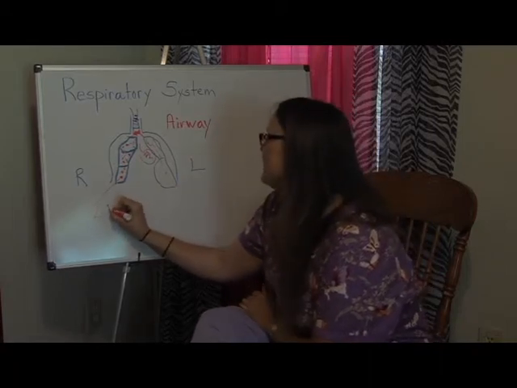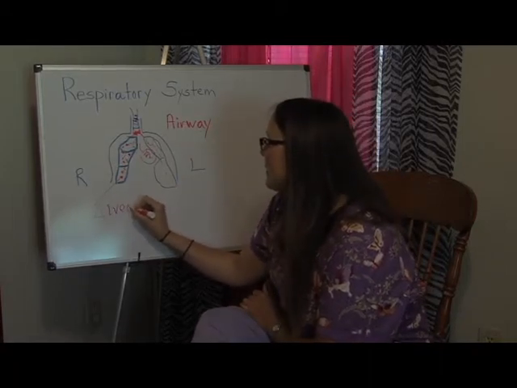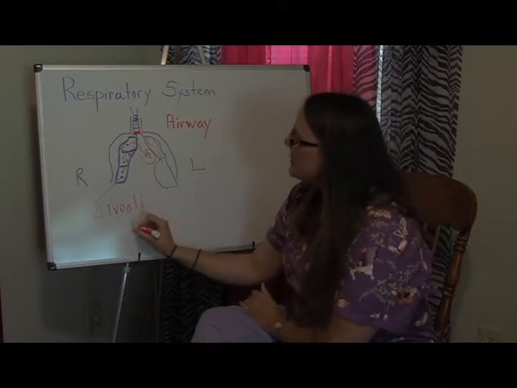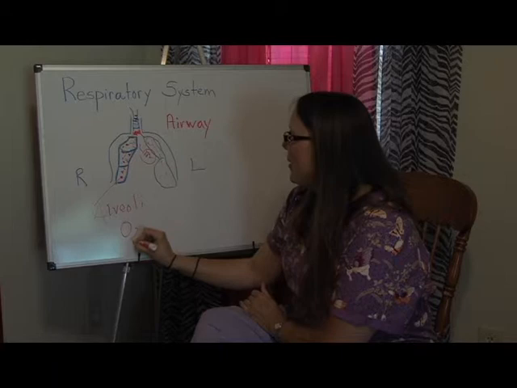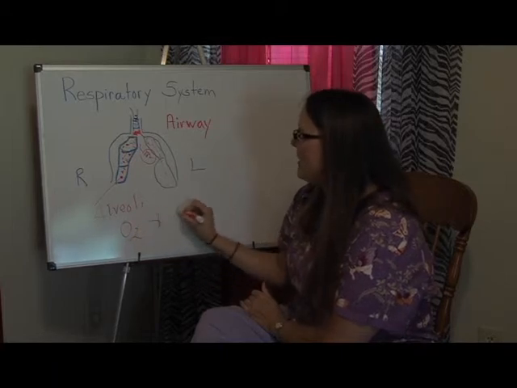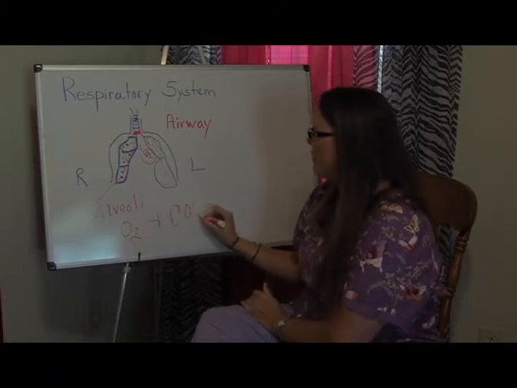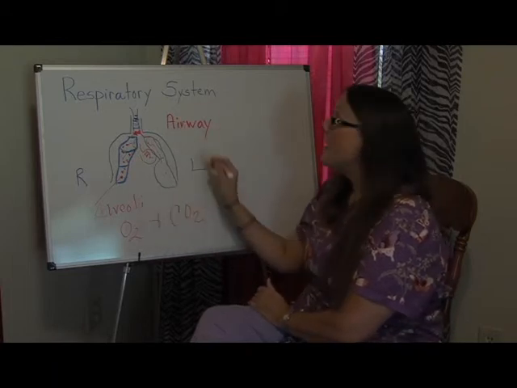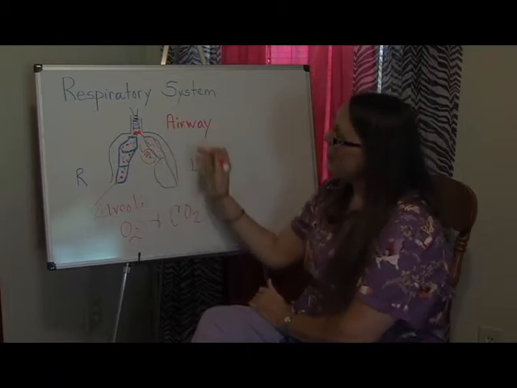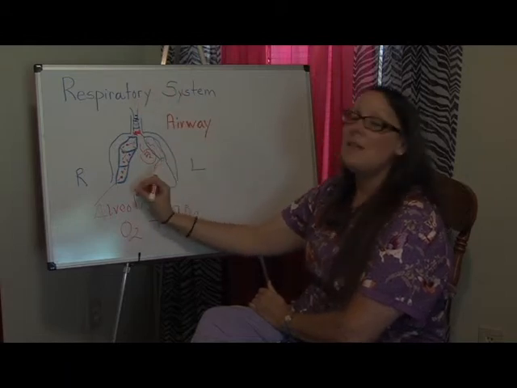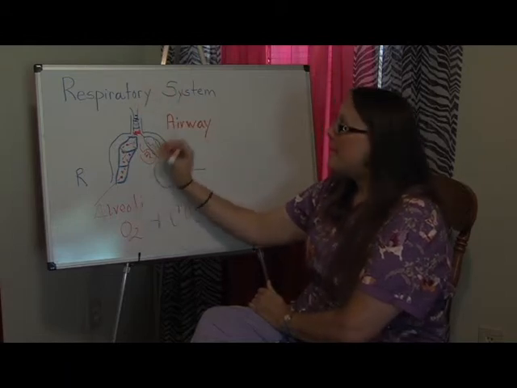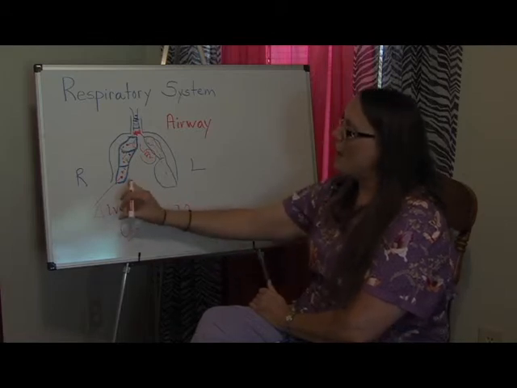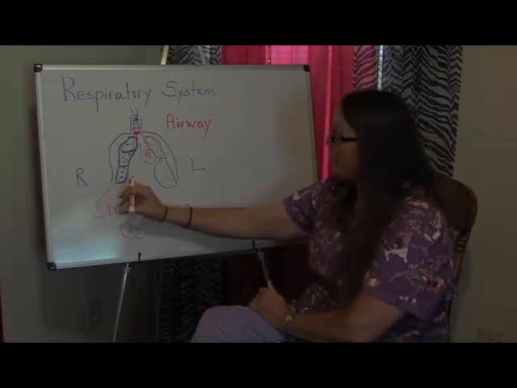What's happening within the alveoli is the exchange of oxygen, which is O2, and carbon dioxide, CO2. So what we want to happen in a normally functioning set of lungs is that we breathe in the oxygen, and it is going to be exchanged for carbon dioxide at the alveolar level.